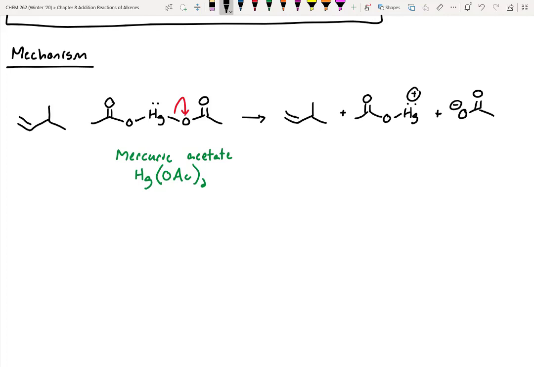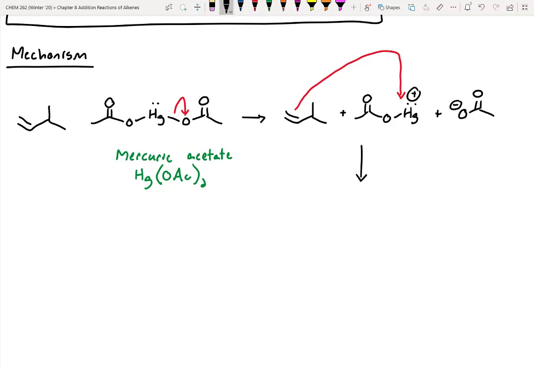We've just split that bond in half. Mercury has a positive charge. Like we saw previously, pi bonds are good nucleophiles, or decent nucleophiles, I should say. And with mercury having a positive charge, it's a pretty decent electrophile. So in this next step, our pi bond, as a nucleophile, is going to reach over and attack the mercury with the positive charge that's acting as our electrophile.